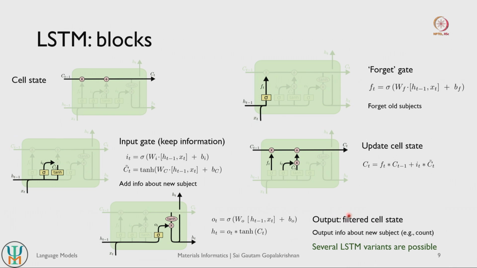So it can output a certain filtered state, right. And then eventually if this process is done multiple times, the eventual output can be quite useful to us, right, which can hopefully make multiple associations with whatever inputs we give it, right. And this is just one variant of LSTM networks. There are several variants that are possible. Again, in the interest of time, we won't go into the different variants that are possible.